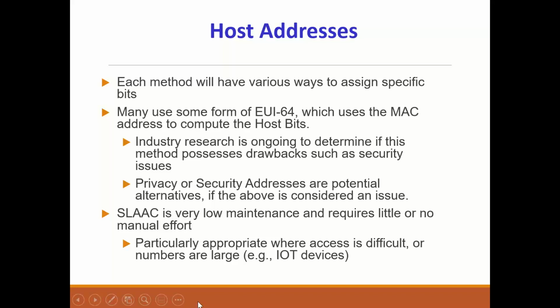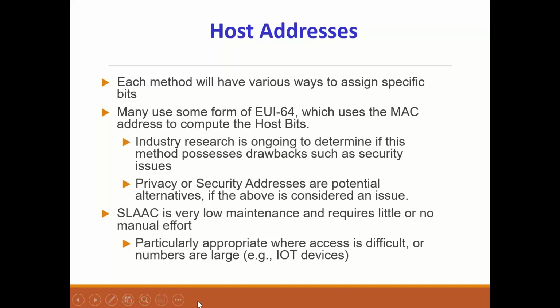So moving on to another type of address method for generating, SLAAC is a big one. That's new to IPv6, and it's actually kind of cool given the right situation, especially, I'm going to say, where access to the device might be difficult or the numbers are large. And so SLAAC is kind of a way to just automatically put something out there.